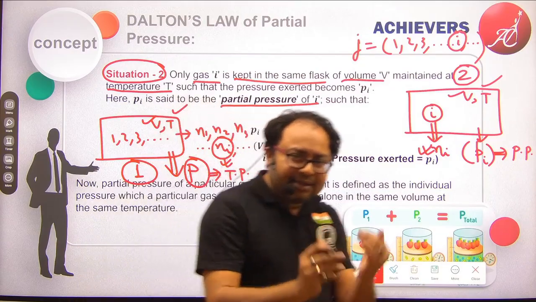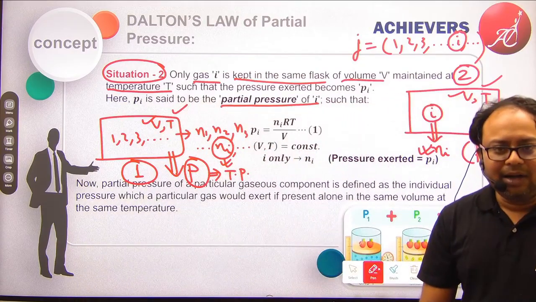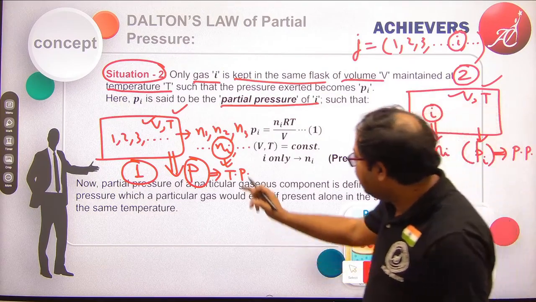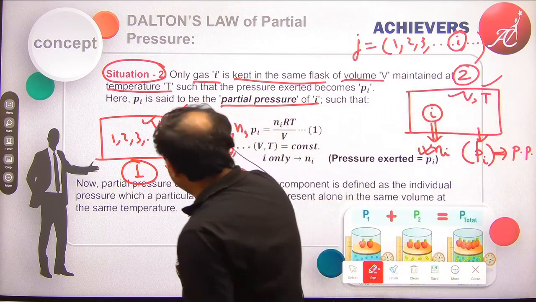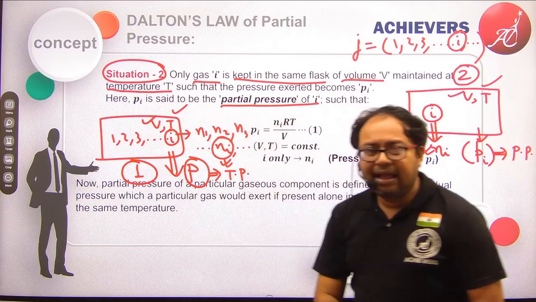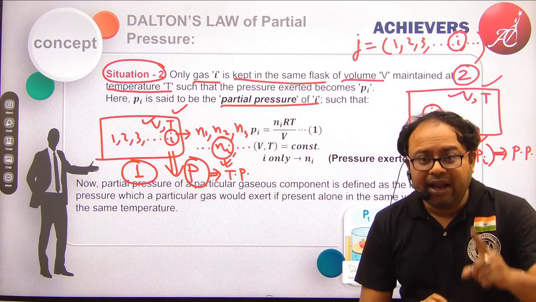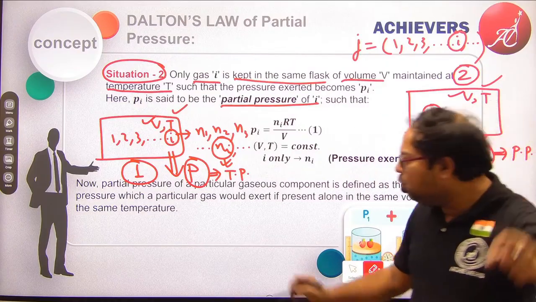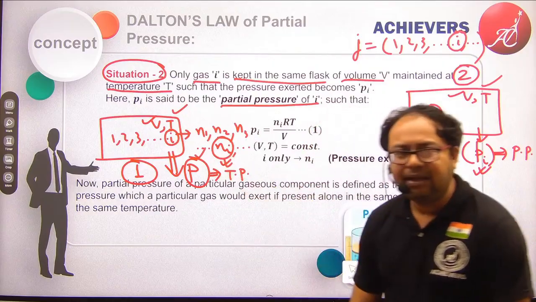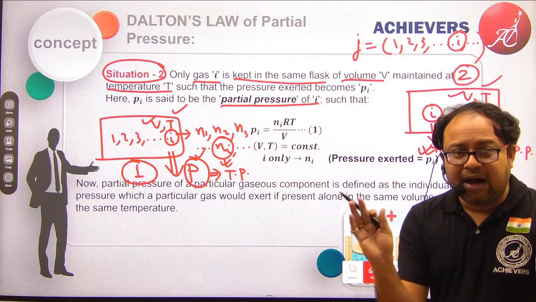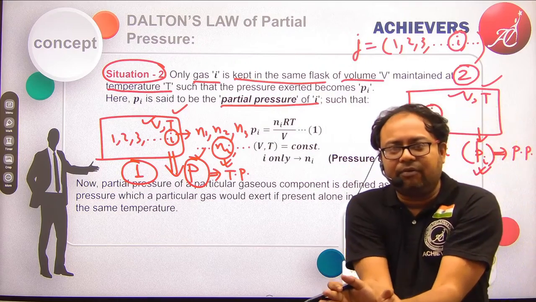How does that come up? That means gas i in situation 1 will contribute Pi towards the total pressure P. Now you just think of situation 1.